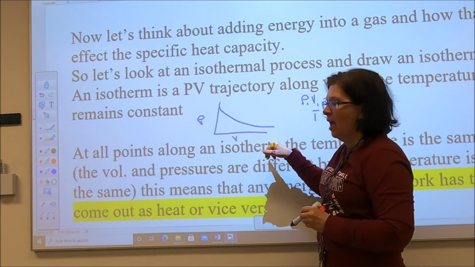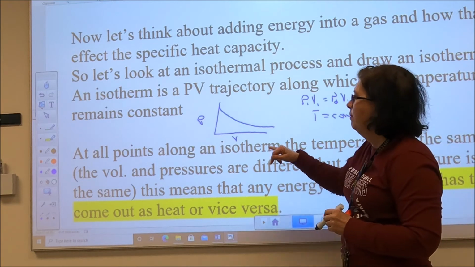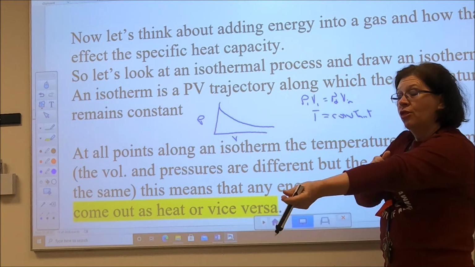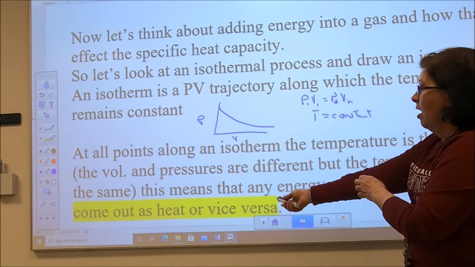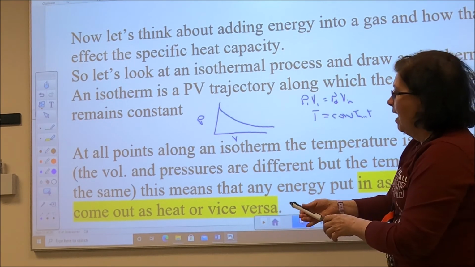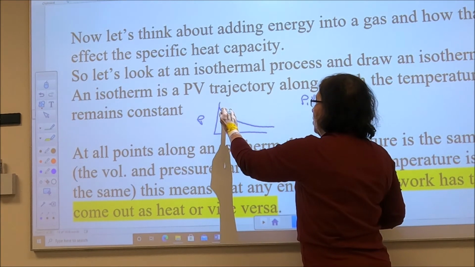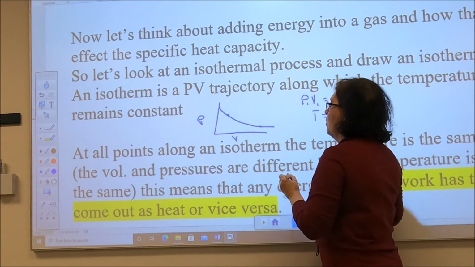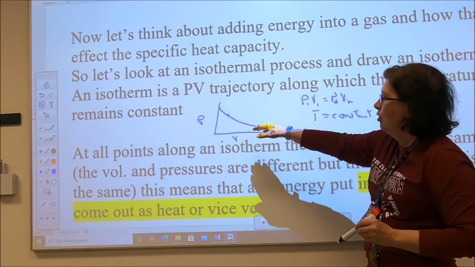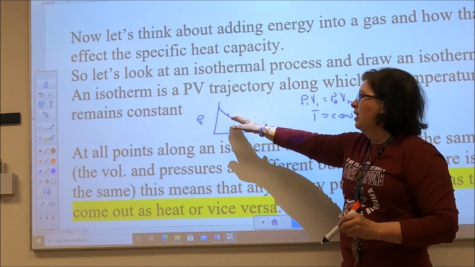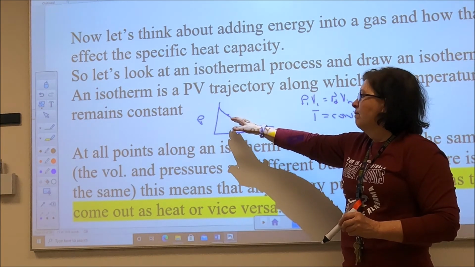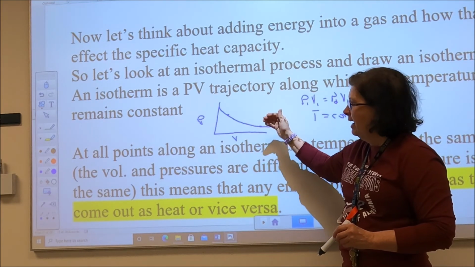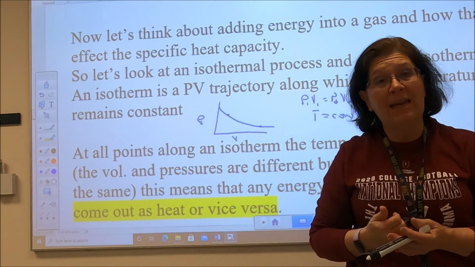If I'm moving along an isotherm, since the temperature is remaining constant, then the thermal energy content of the system is constant. That means if I'm doing an expansion, let's say I'm going from this point to this point, as I move along that isotherm, as energy is flowing out as work, because we're expanding, energy has to be flowing in as heat.